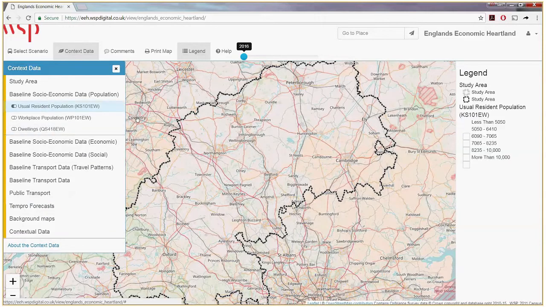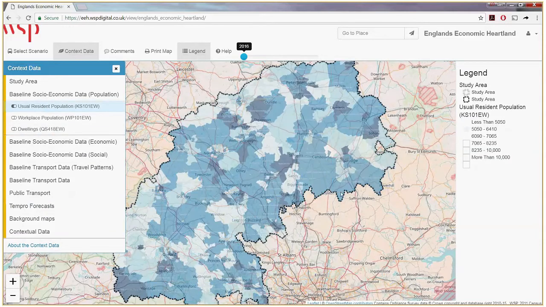If I just switch on census population here, one of the things that jumps out for me, as I'm from near Cambridge, is that you can very clearly see the effect of the Cambridge Greenbelt there. So lots of pale colours surrounding the urban area where development is not allowed, and then a denser donut further out where a lot of people who work in Cambridge live, and so they have relatively long in-commuting journeys.